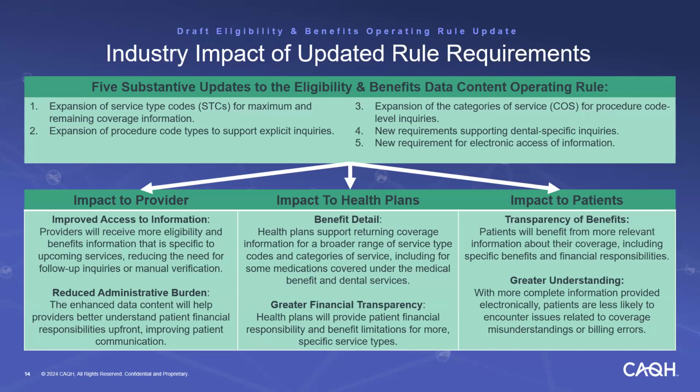Also in version 2.1, we have 2 net new requirements that did not exist in version 2.0 that industry stakeholders requested we add to the rule. So, as mentioned earlier, we have new requirements that support the dental specific eligibility inquiries, or I'm putting this in air quotes here. The second new requirement is actually one that CORE participants should be familiar with from our other operating rules.